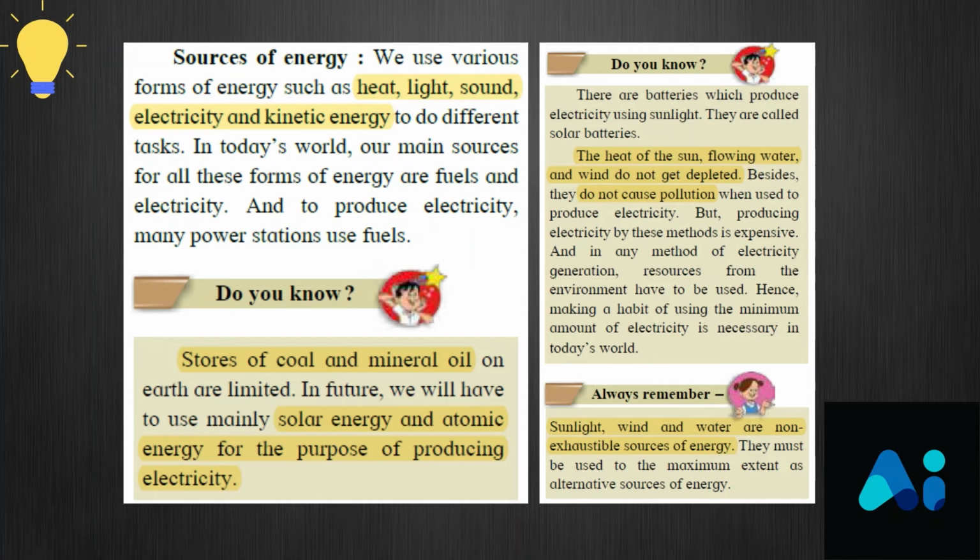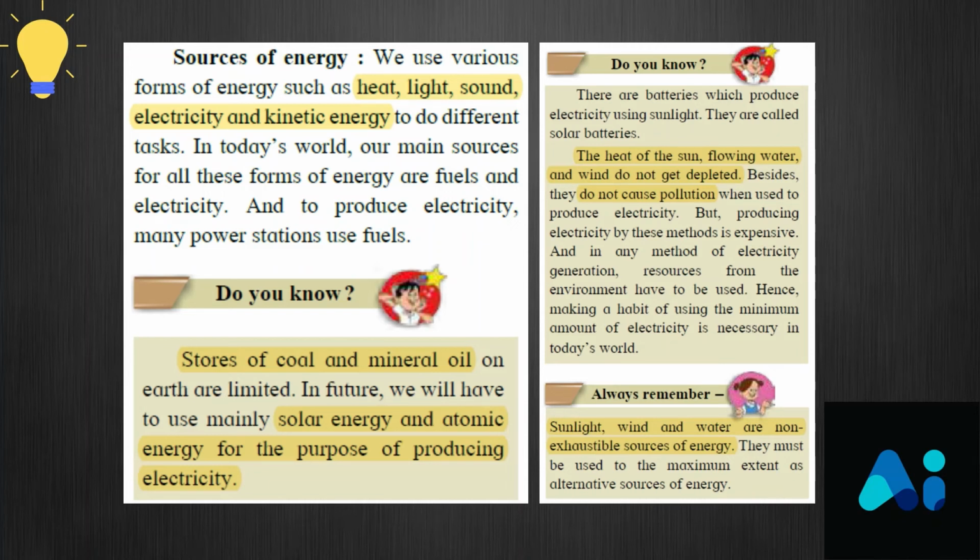But coal and mineral oil are available in limited amounts on planet Earth. And that's why they are exhaustible. They will not be available once you use them for many years, right? They will be depleted.